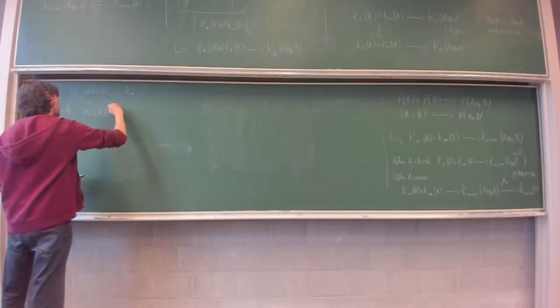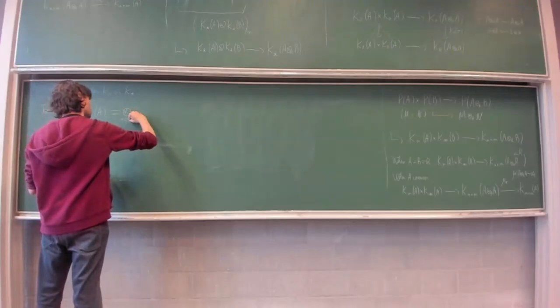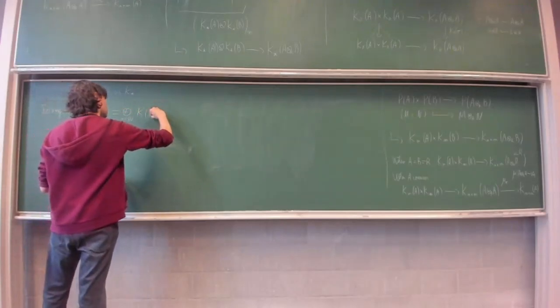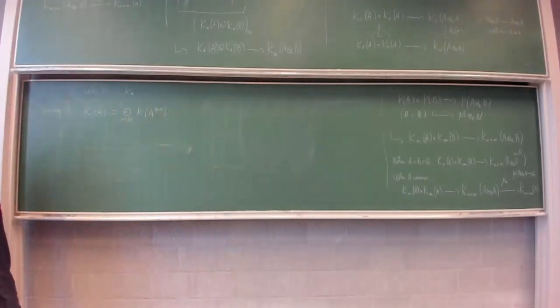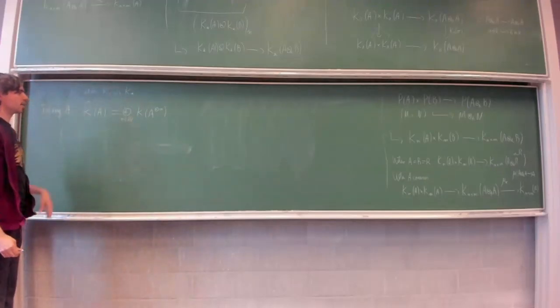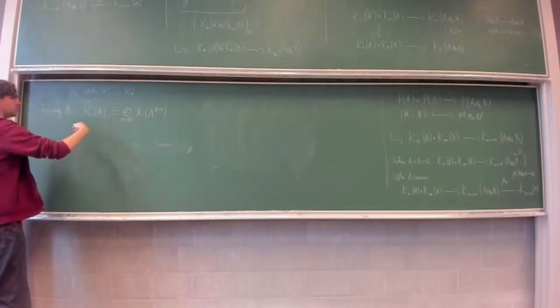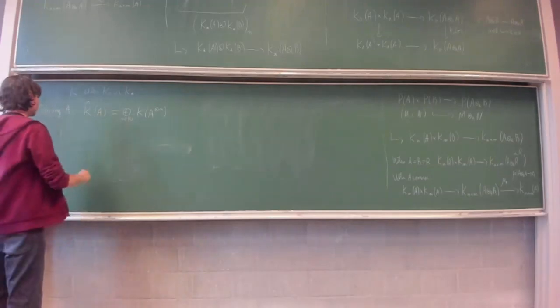And now let's take all the tensor products of A and let's put them all together. Now, this becomes a ring, sort of in an obvious fashion in some sense.